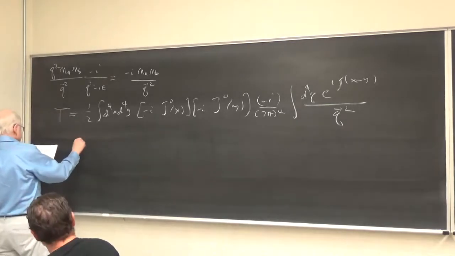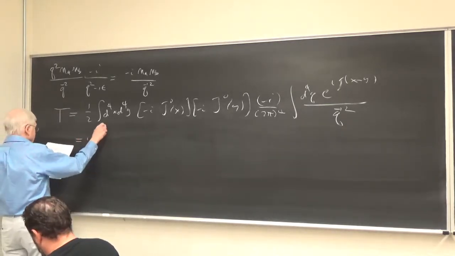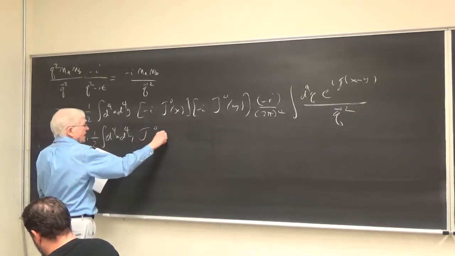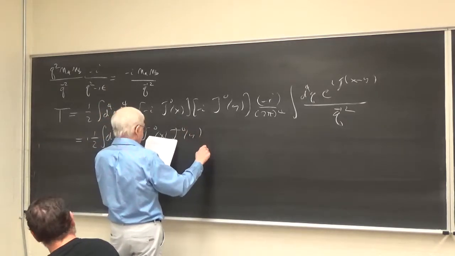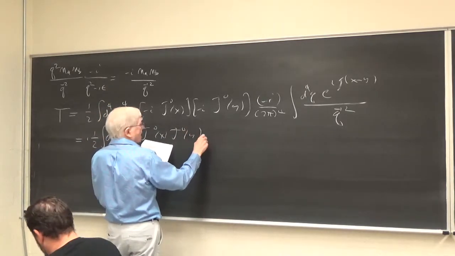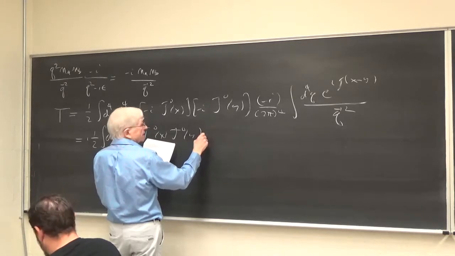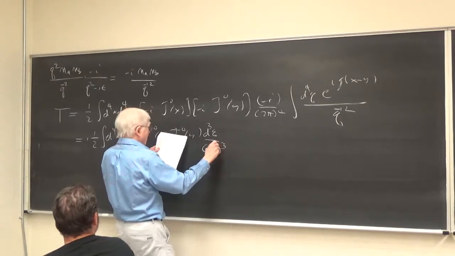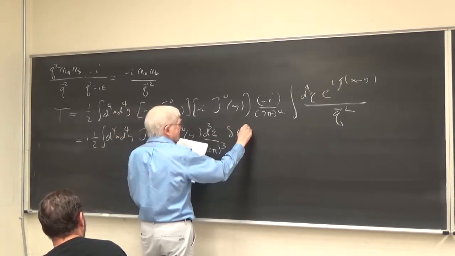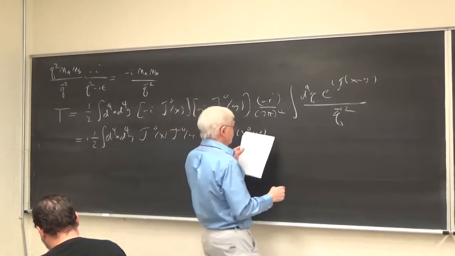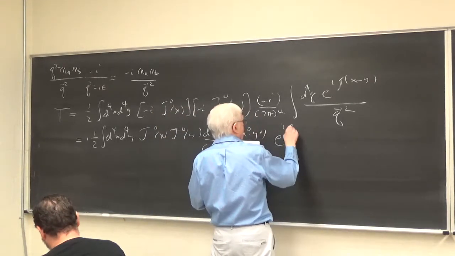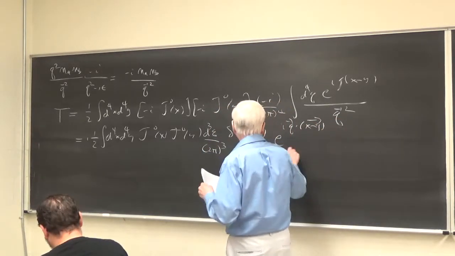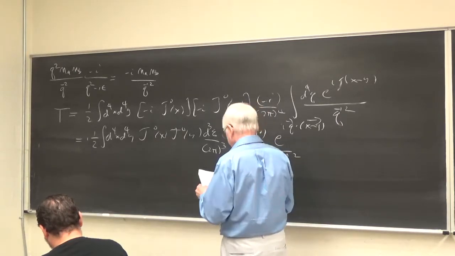And so this becomes i/2 integral d⁴x d⁴y j0(x) j0(y) d³q over (2π)³ delta(x0 − y0) e^{iq·(x−y)} over q vector squared.